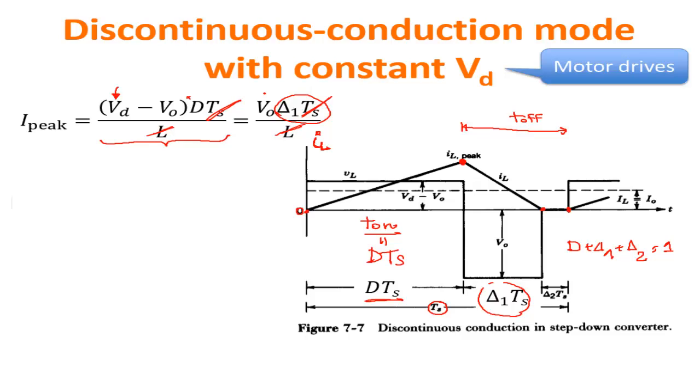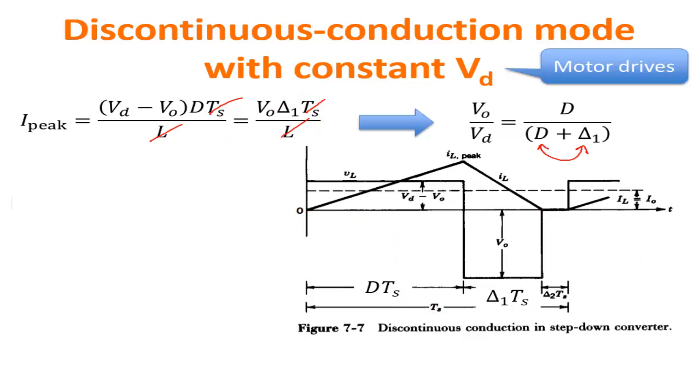So let's continue with this consideration. You can then extract VO. Of course you have two terms, VO times D and VO times delta 1. Once you do that, you bring all the terms with VO on the left side, and then you can express VO over VD as a function of the rest, which is D, multiplying VD, over D plus delta 1.